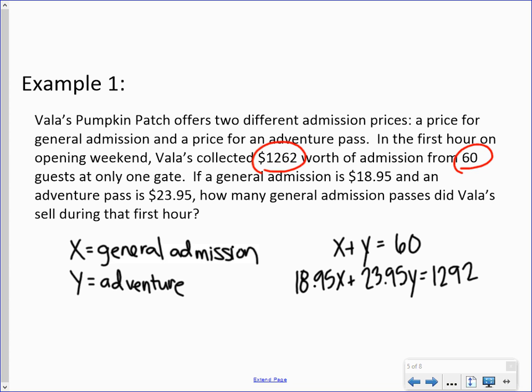If you didn't, focus on the question. What's the question you want to answer? How many general admission passes did they sell? And general admission is represented by which variable? X. So you want to answer for X.